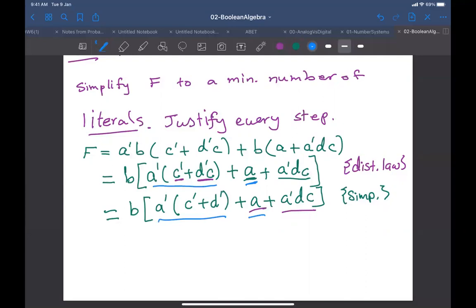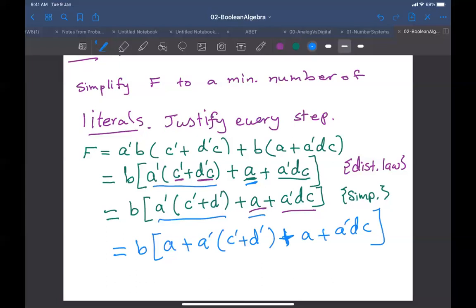We can notice that by using the idempotence law, we can OR the whole thing with A again. So I can say, this is equal to B, and then there is an A ORed with a complement, C complement, or D complement, ORed with, again, A ORed with a complement, DC.